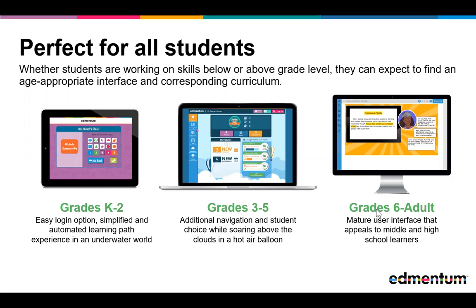Then we have our grade 6 through adult, which is a mature user interface that may appeal to older learners. However, some adult learners may prefer to learn in the cartoon format. ExactPath allows you to choose which format your students will be working in, no matter their ability levels or age.